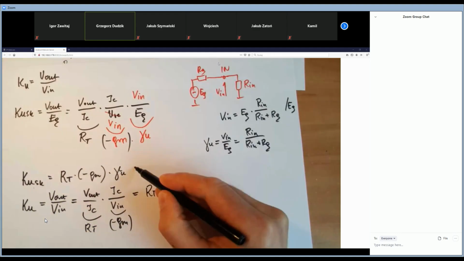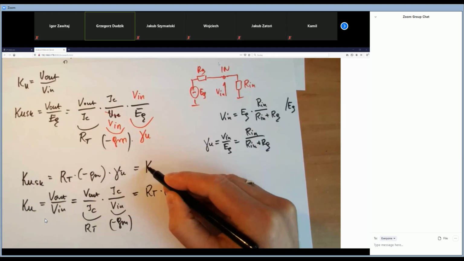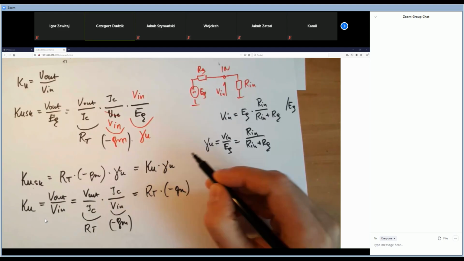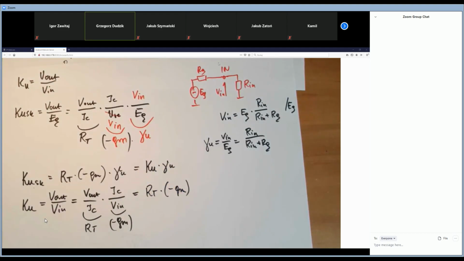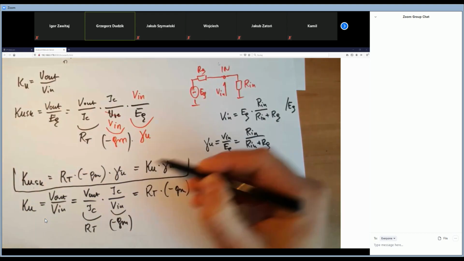So the effective gain is the same as the voltage gain times gamma U. Did you get it?